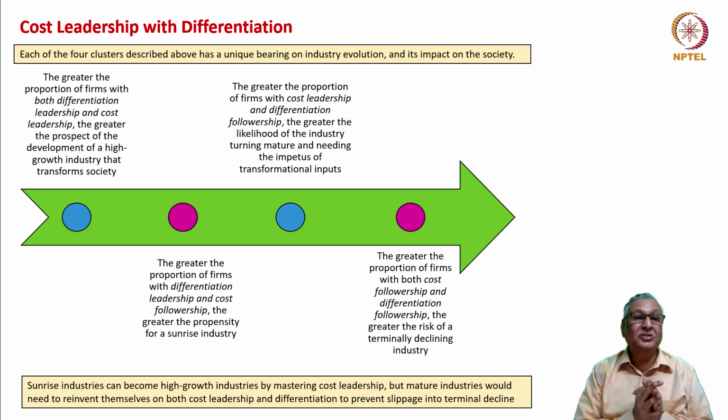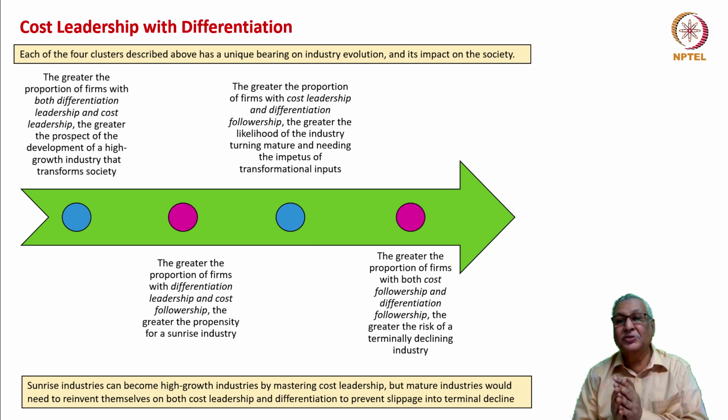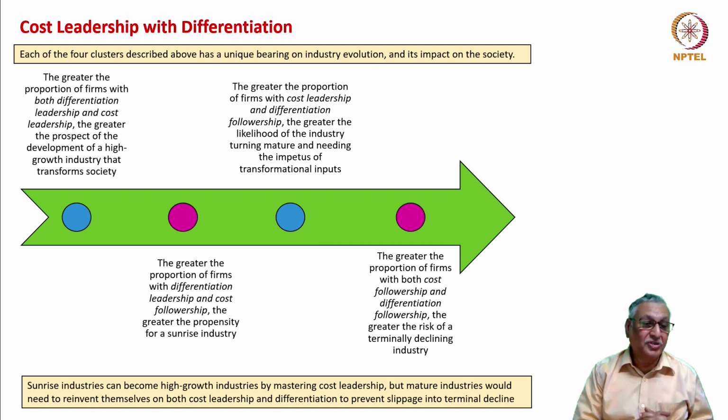So each of the 4 clusters described earlier has a unique bearing on industry evolution and its impact on the society. If we have in our industry or in the economy a greater proportion of firms with both differentiation leadership and cost leadership, the greater will be the prospect of the development of a high growth industry that will transform the society.